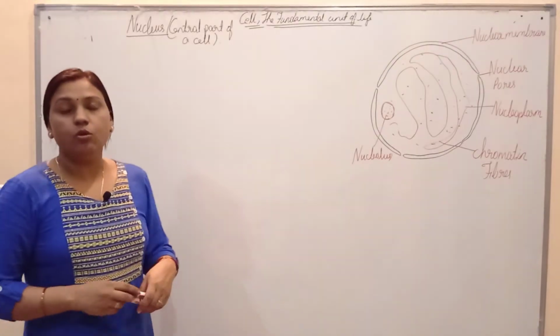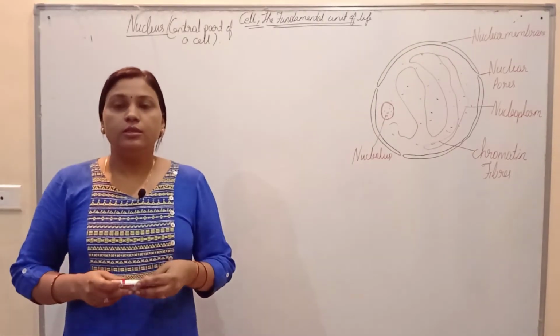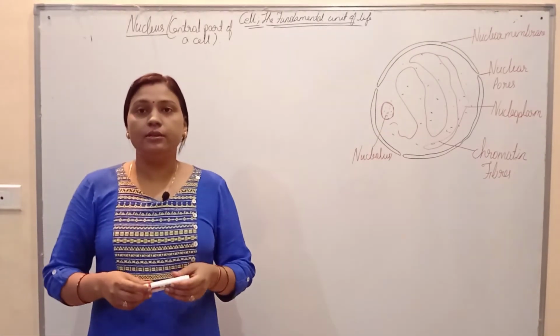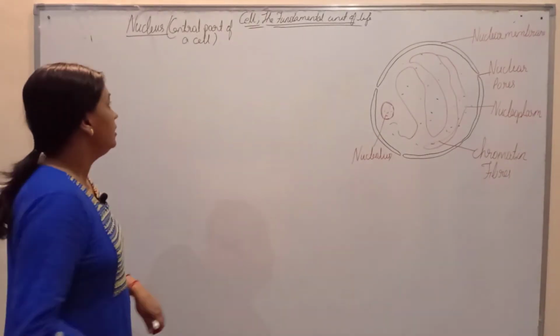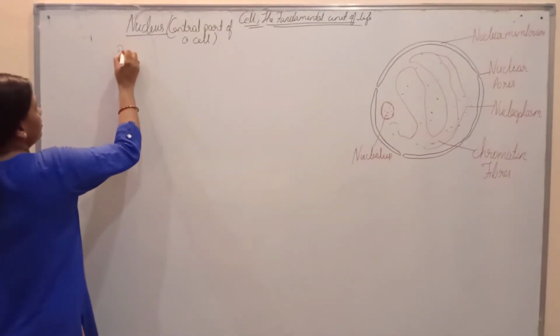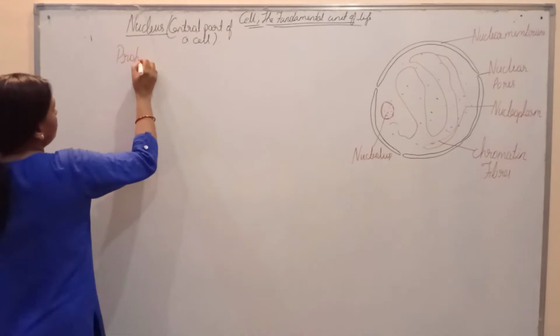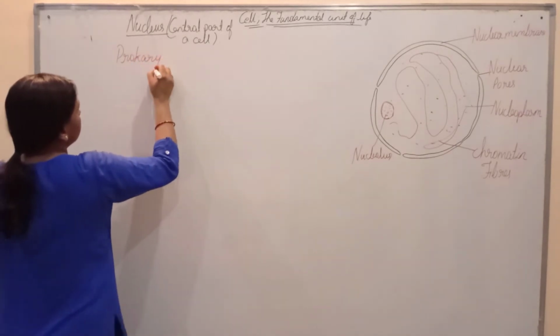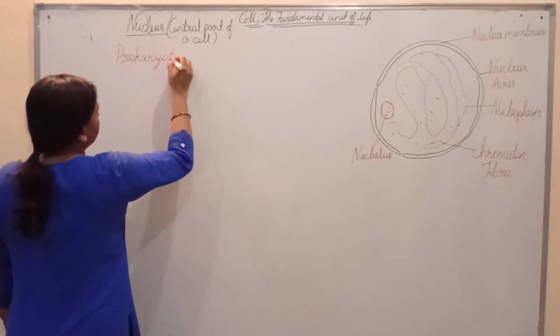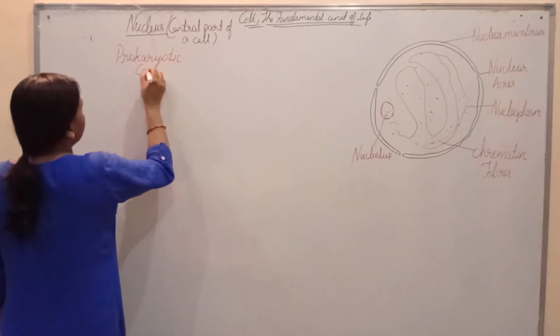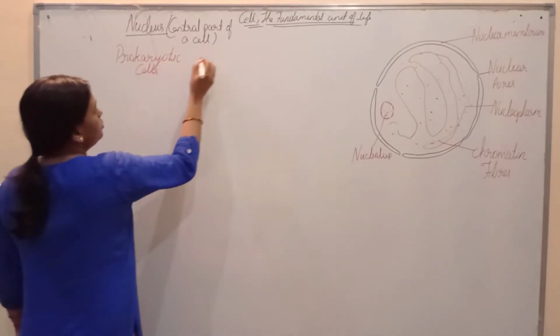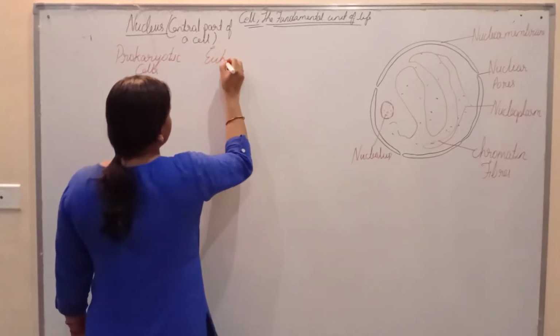On the basis of the nucleus, cells can be divided into two: prokaryotic cells and eukaryotic cells.